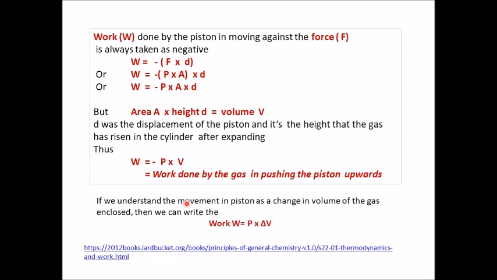If we understand the movement of the piston as a change in volume of the gas enclosed, then we can write the work done W is equal to minus P into delta V. That is the work of expansion, and it will have a negative sign.